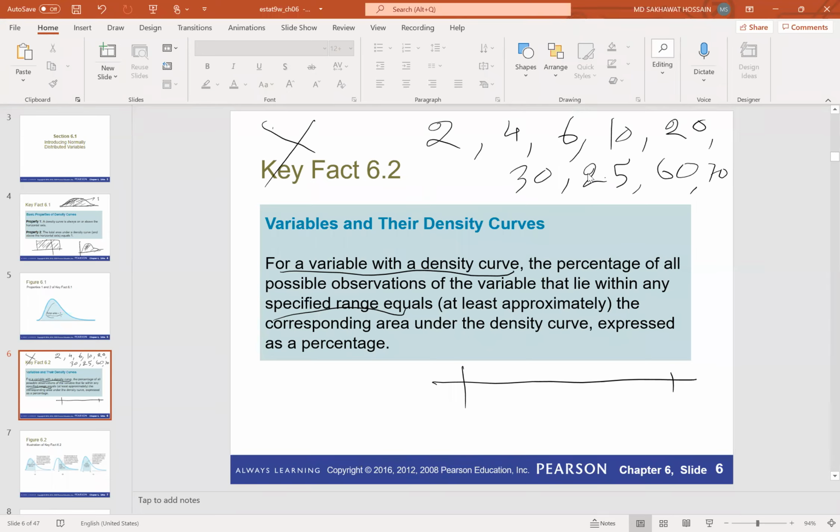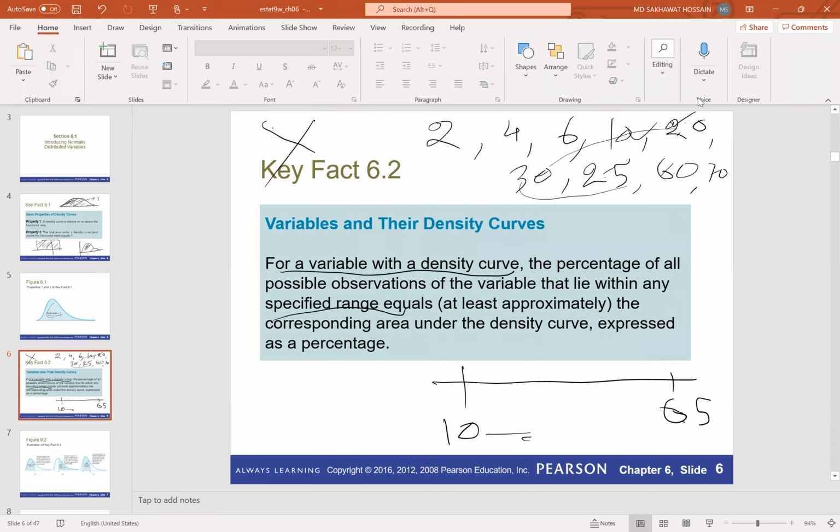So for example, if we consider a range, maybe 10 to 65, and we calculate the percentage of all the observations between 10 to 65. So what are the values between 10 to 65? If they are inclusive, then 10, 20, 30, 25, and 60, right? So these are the values between 10 to 65.